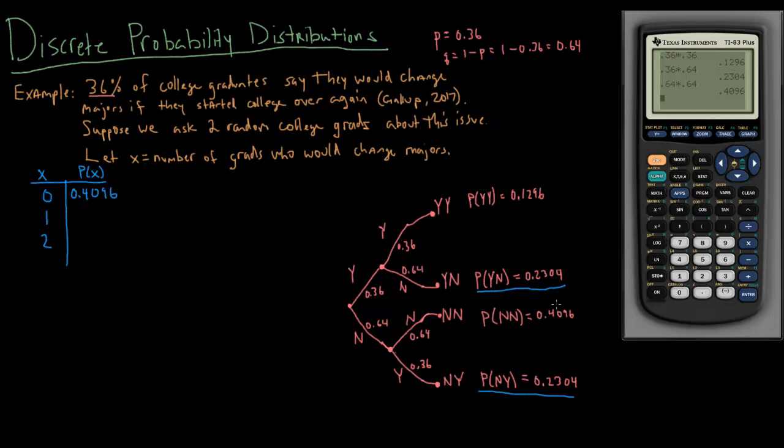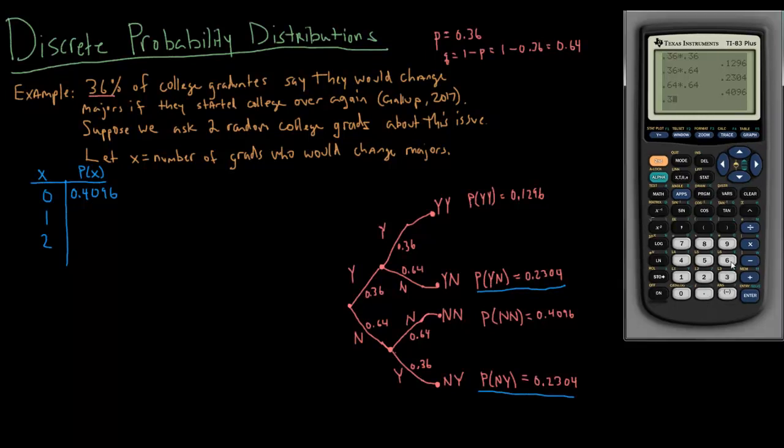So what you do is simply add those 2 probabilities. So 0.2304 plus 0.2304, and we get 0.4608.